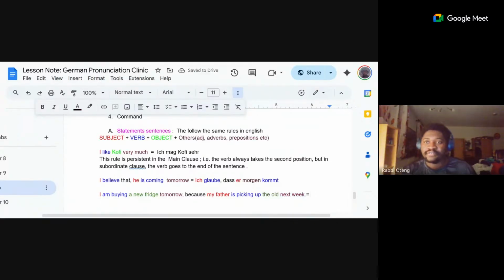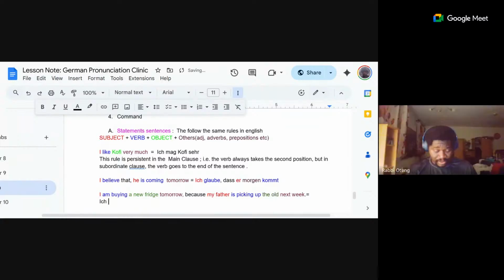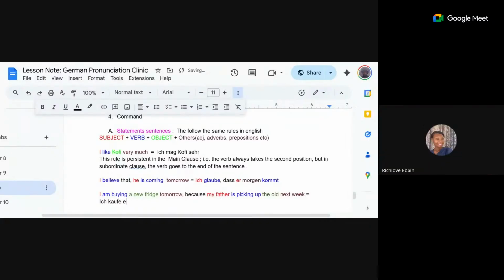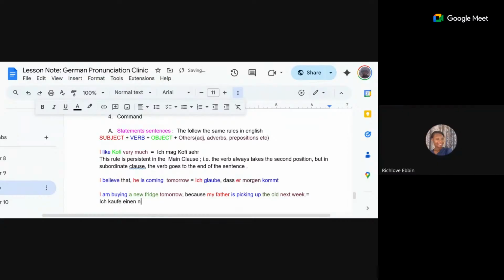So who would like to form the sentence, to translate this sentence to German? Ich kaufe einen neuen Kühlschrank.